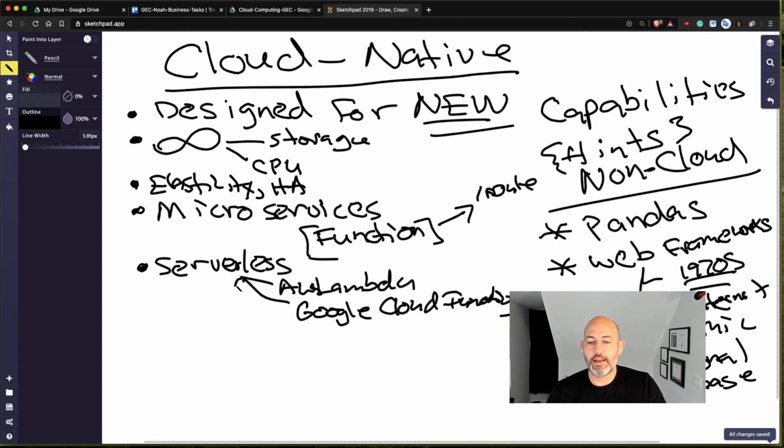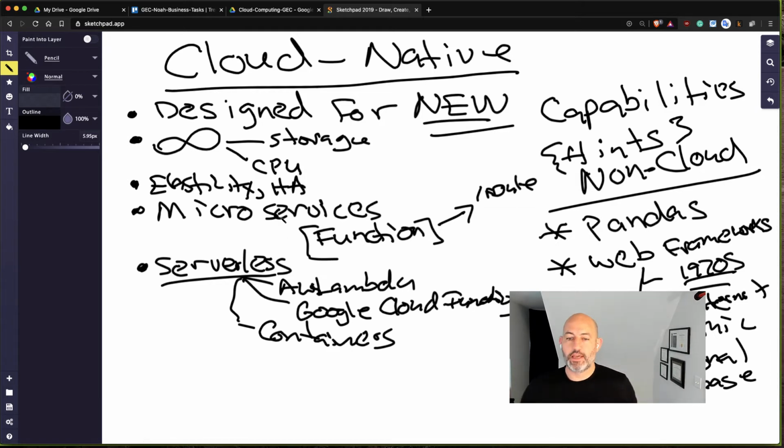It also covers things like containers. This serverless technology allows you to do things like microservices, and the function gets mapped to some compute component of the cloud.